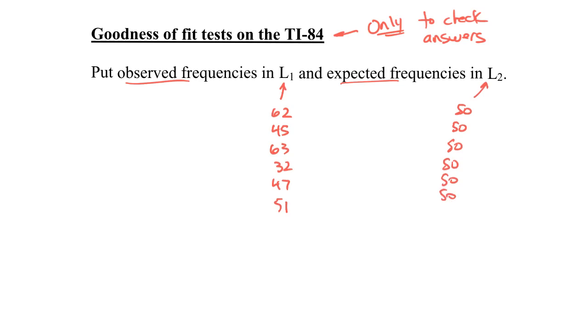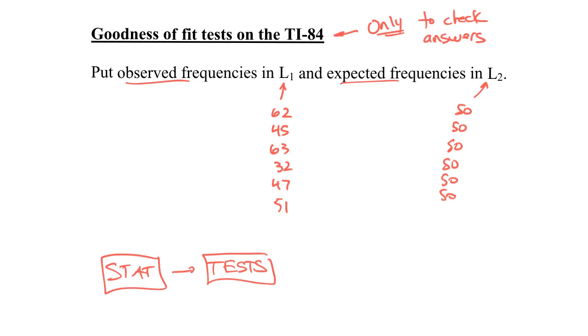Okay, so then what we do is you go to the stat button. So from stat, you go over to tests. And then here's where some of you will be very happy, some of you will be very sad.